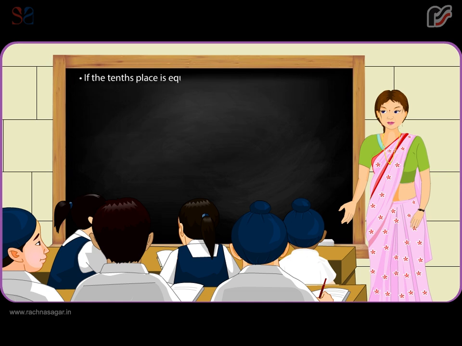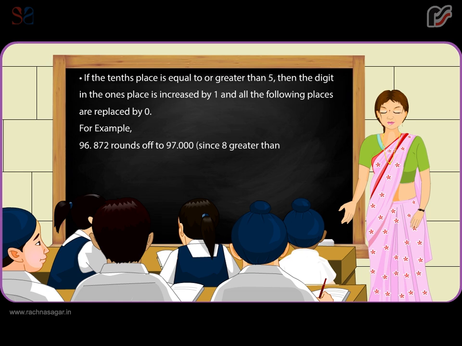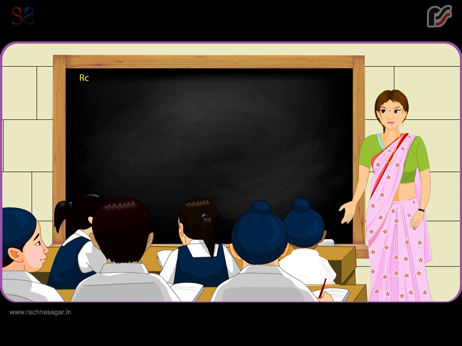If the tenths place is equal to or greater than 5, then the digit in the ones place is increased by 1 and all the following places are replaced by 0. For example, 96.872 rounds off to 97.000 since 8 is greater than 5.